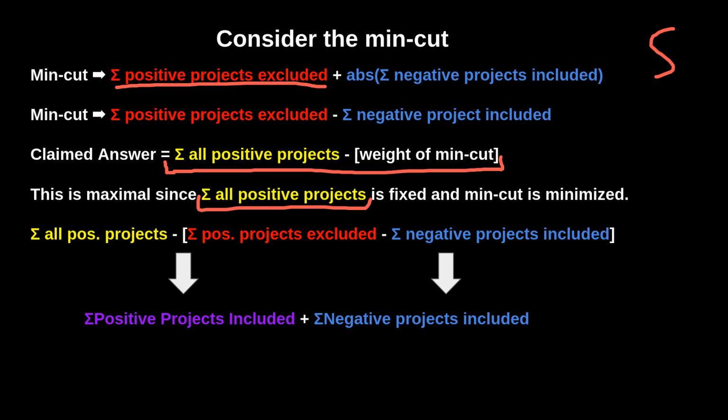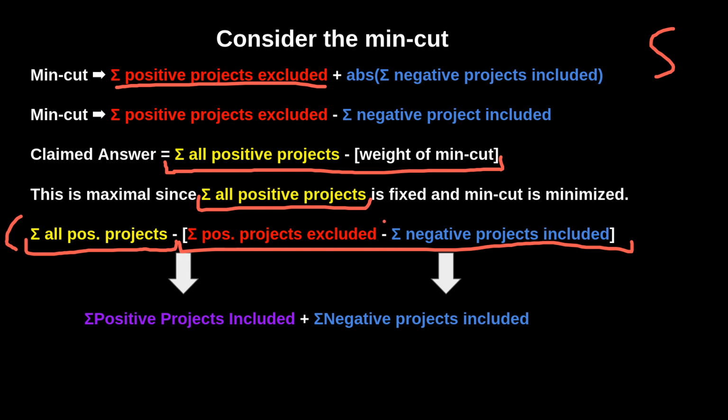We can see that the sum of all positive projects minus our minimum cut, we can actually rearrange this section right here, which is the sum of all positive projects minus the sum of positive projects excluded, to be rewritten as the sum of positive projects included.